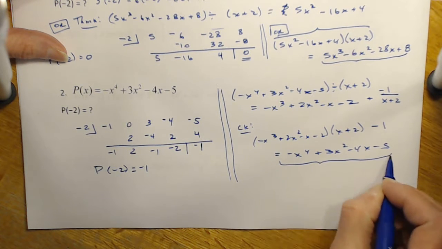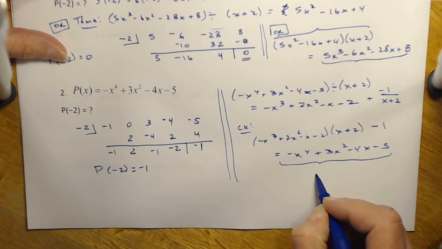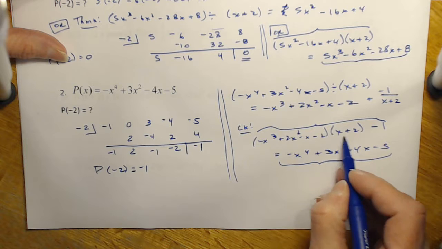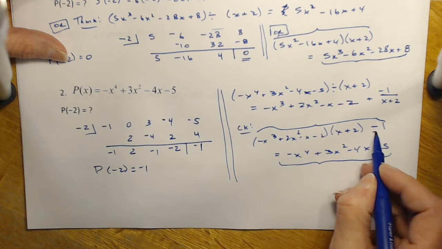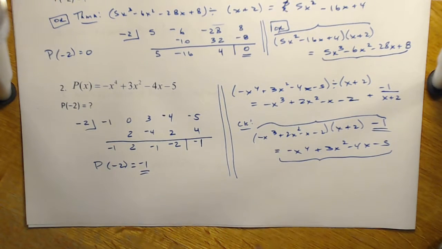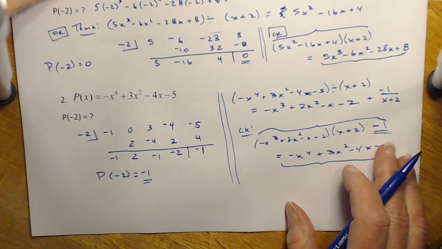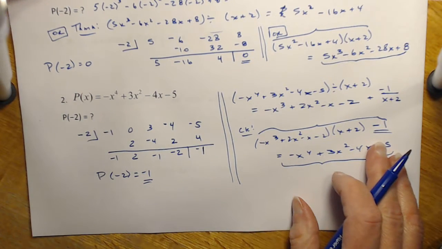So again, we wanted to originally plug in -2 into this piece, so instead we could plug -2 in here. Again, when you plug in -2, this whole piece becomes 0, and you're just left with that remainder of -1. Okay, so we'll see as we go forward why synthetic division to check for factors and things like that may help us.